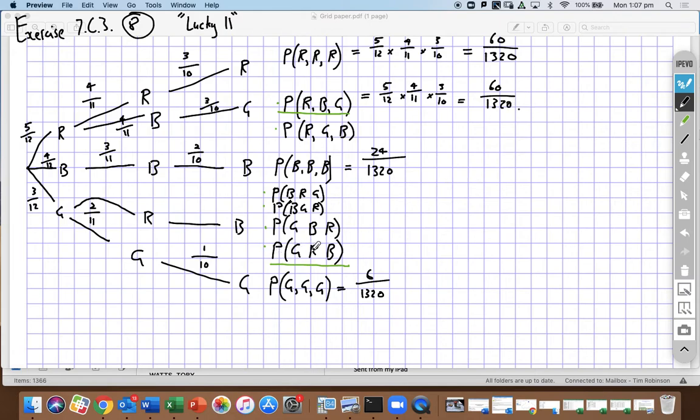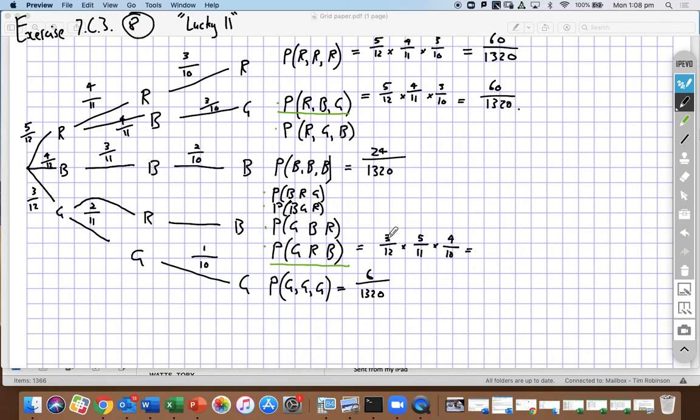Now going along this way, your calculation would be 3 out of 12, right, to get green first. Then say you went red, well you've got all the reds still there, 5, and it's out of 11 cards because you're not replacing. Then you got a blue, you'd have 4, all the blues are still left, it's out of 10.